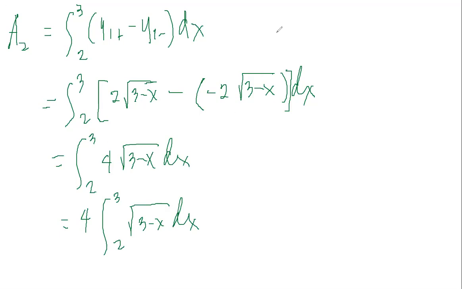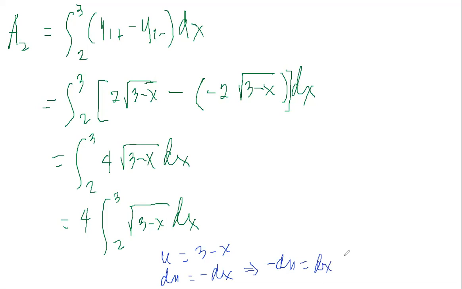Okay, so again, this is also similar to the one that we had a while ago. So we're going to let u be equal to 3 minus x, and du is equal to negative dx. Therefore, negative du is equal to dx, right?